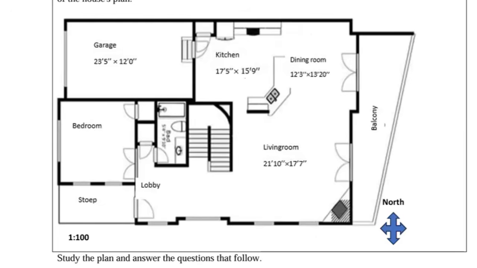How many doors are visible on the plan? Let's see. We have 1, 2, 4, 5, 6, 7, 8, 9, 10. So 10. Then if you count this as 2s, that means 10. Then this other one will be 11, and one of them will be 12, because these are double doors.